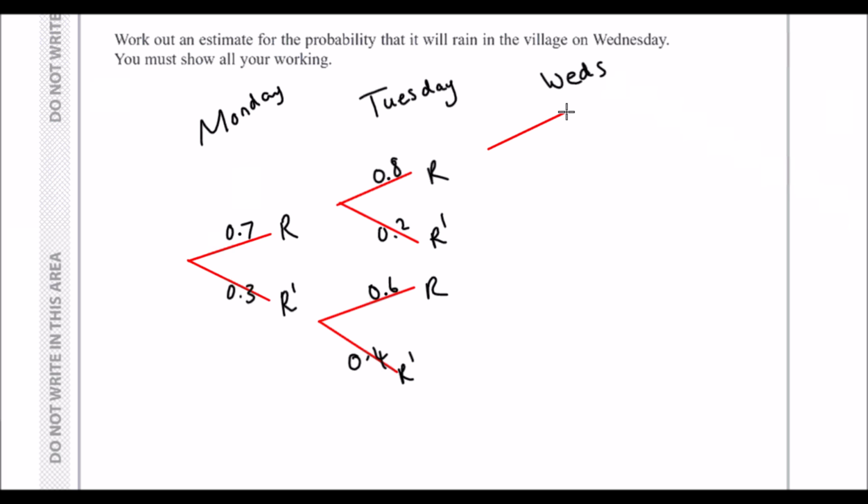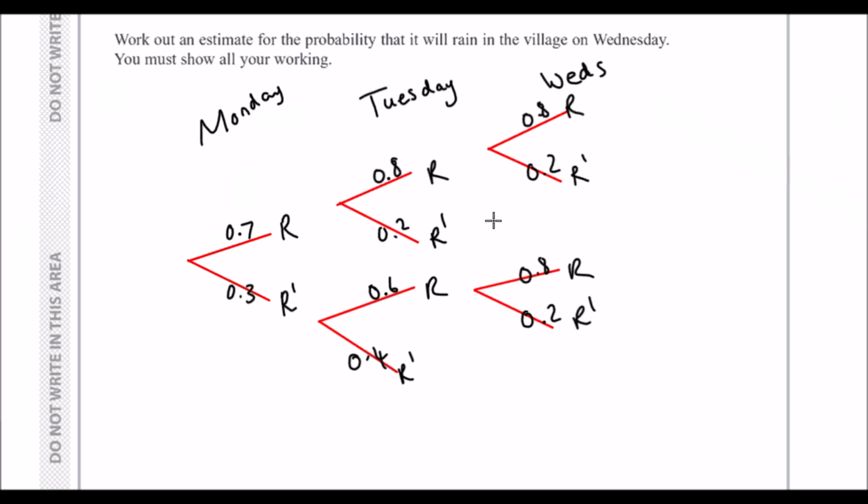So if it rained, which is either of these two, if it rained, the chance of raining again is 0.8. The chance of not raining, 0.2. So raining, 0.8. Not raining, 0.2.